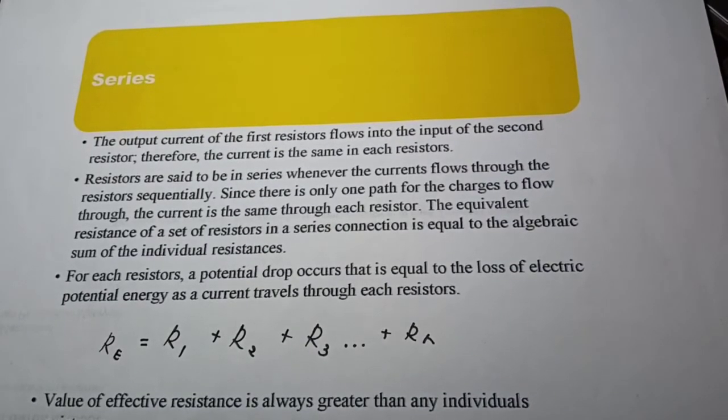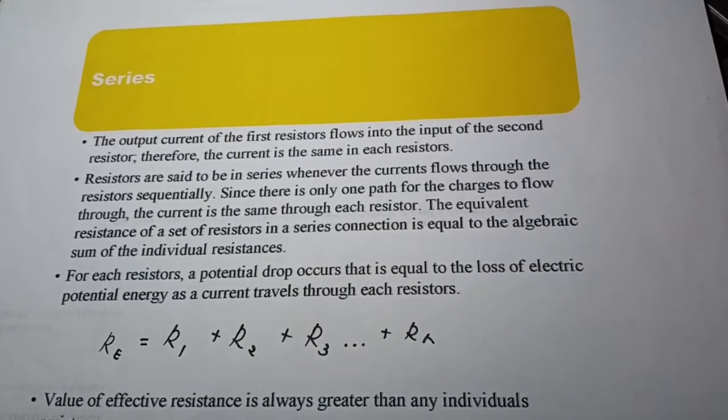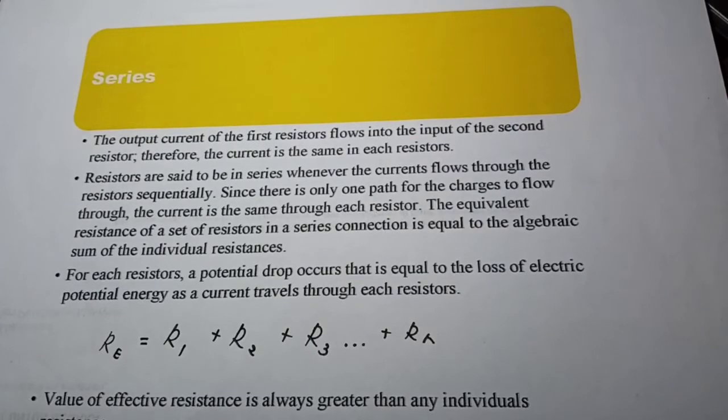Since there is only one path for the charge to flow through, the current is the same through each resistor. The equivalent resistance of a set of resistors in a series connection is equal to the algebraic sum of the individual resistances.